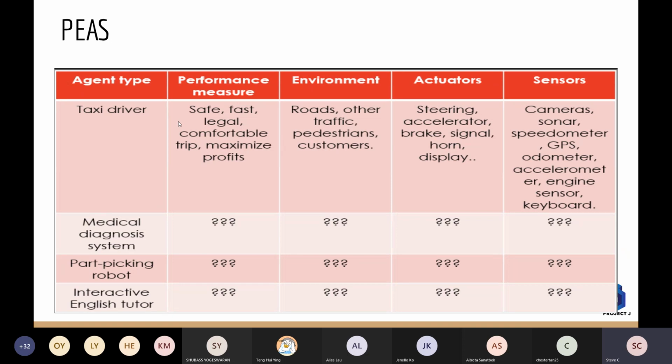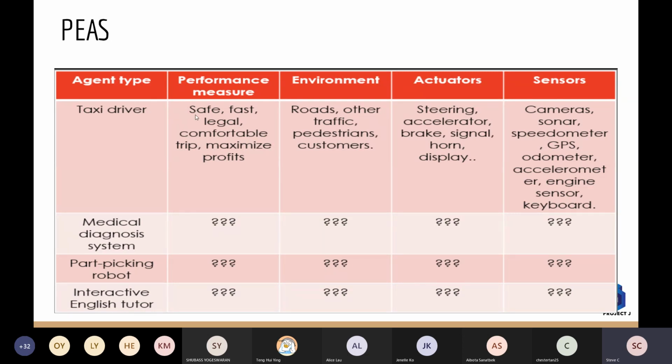Think of it simply as how would you rate a Grab driver to give them 5 stars, or how would you rate them to give them 4 stars, 3 stars? Performance measure. So here we have how you would measure the performance of a taxi driver.